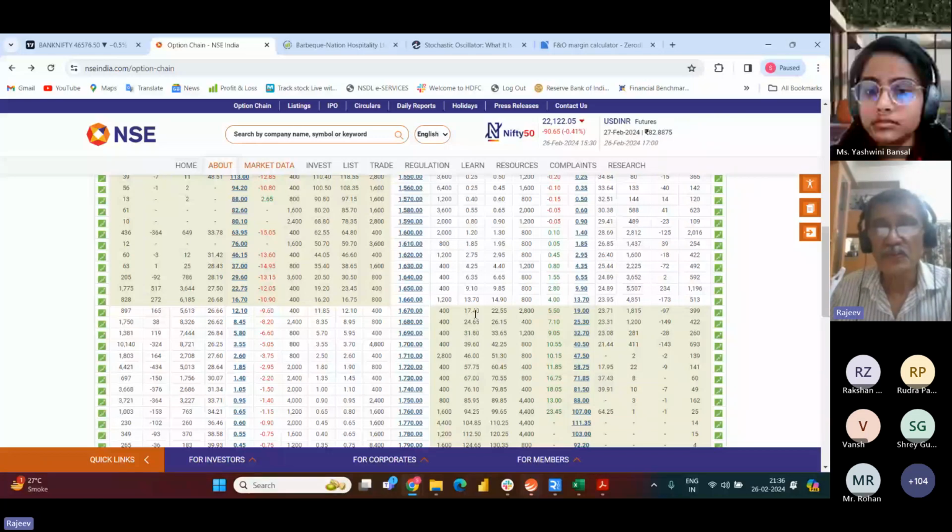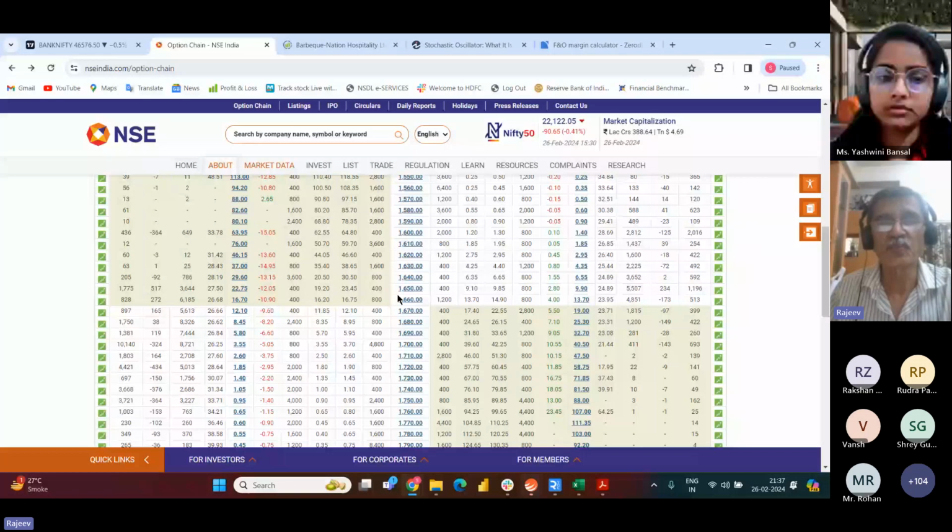So this position has some intrinsic value in it, and therefore it is called in the money. Similarly, on the call side, if you have a position at 1650 and you can sell it at 1660, you will stand to gain 10 rupees. So this position is called an in the money call position.